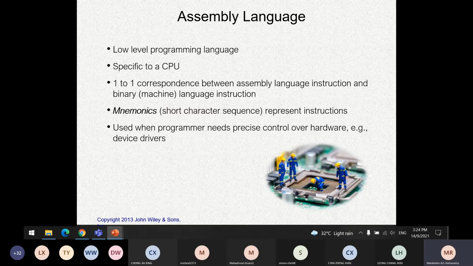So, if you are interested to become a so-called firmware programmer, hardware programmer, which the demand is very high today, for example, to do programming for a circuit board, or the controller board in every device: TV, vacuum cleaner, washing machine, our handphone. All these are hardware, right? And all these devices have what we call electronic boards, hardware boards or controller boards.